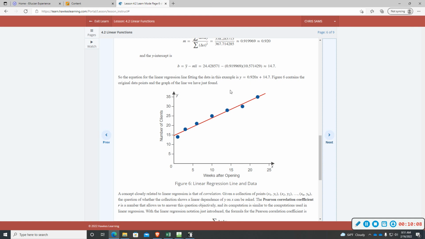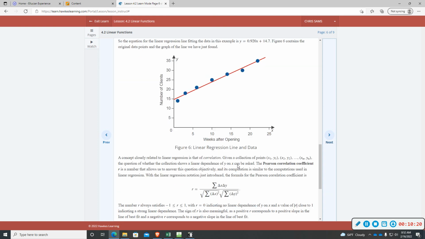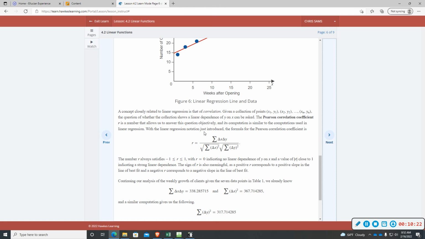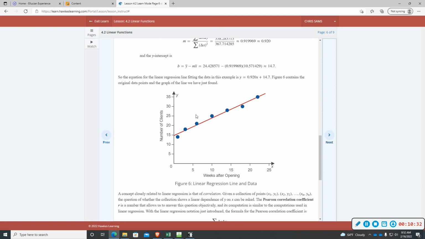However, if it is close to 0, like 0.12, 0.13, it means it's really a weak model, but it will still give you a correlation. So that's what R is. It's telling you how good the line is. It will be between 1 and -1. So if it's close to -1, that just means it's a strong negative relationship. And if it's close to +1, it's a strong positive relationship.